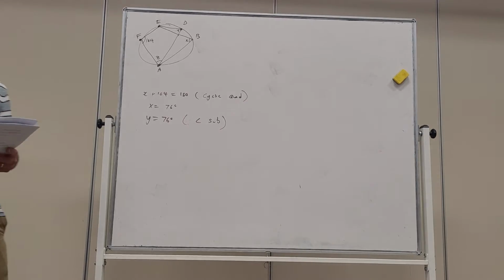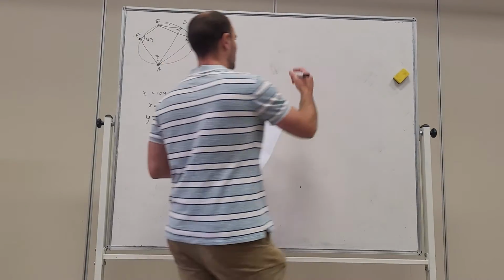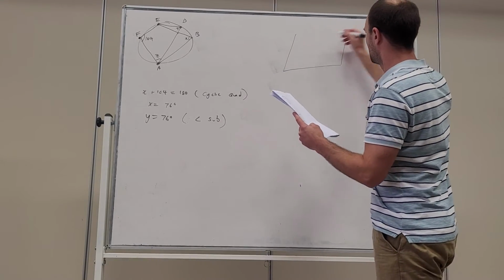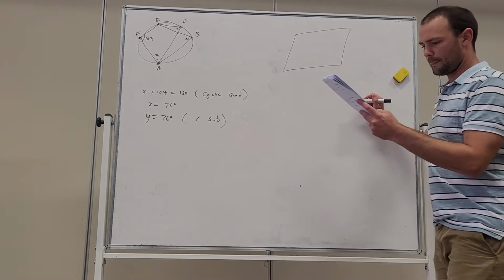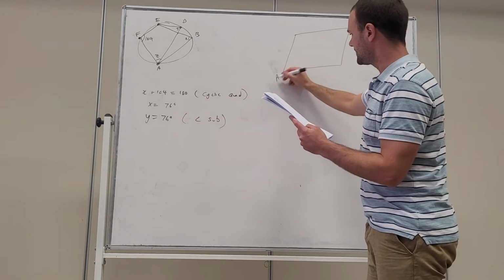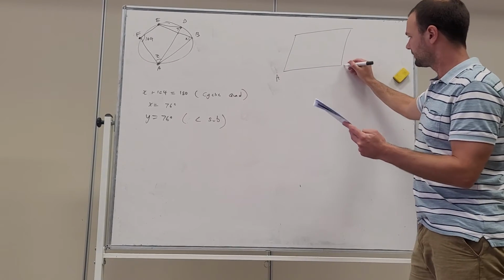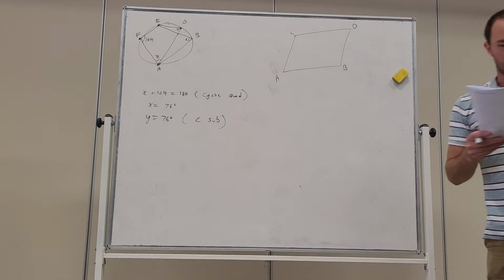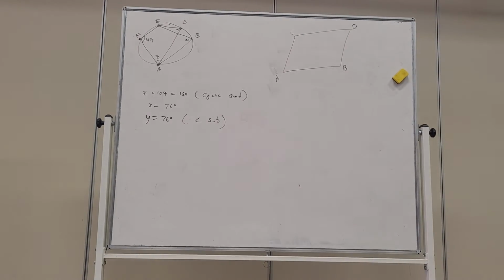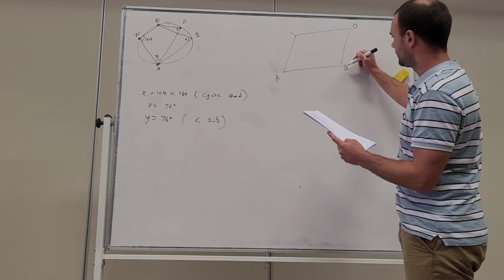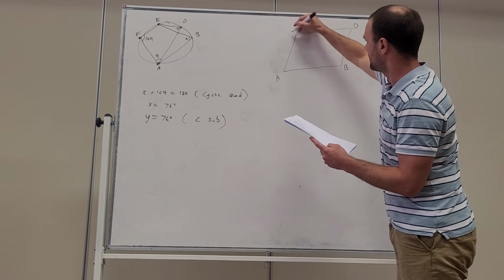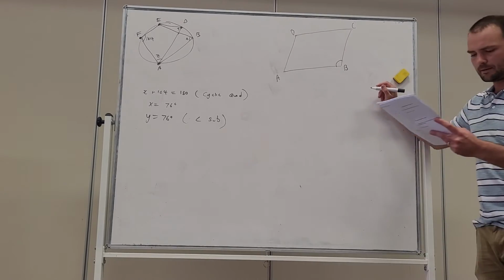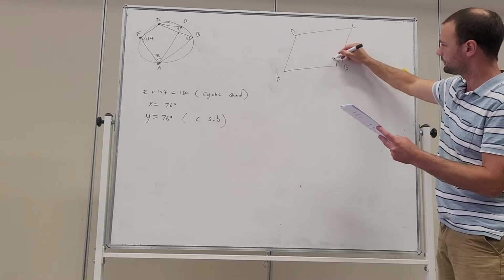Okay, let's look at number 2. We've got some quadrilateral, and it's not drawn to scale because the angles are changing each time. To answer this, I might just go through the first two. So we've got A, B, C, D. Angle ABC, this one here, is 110.